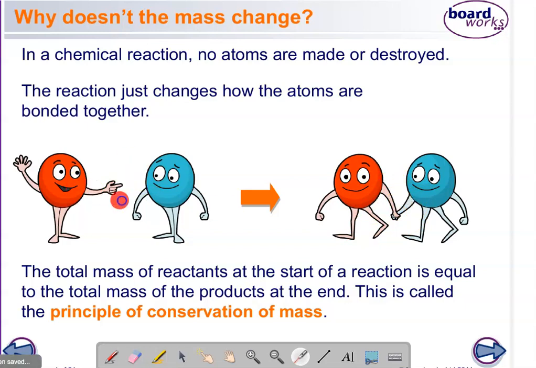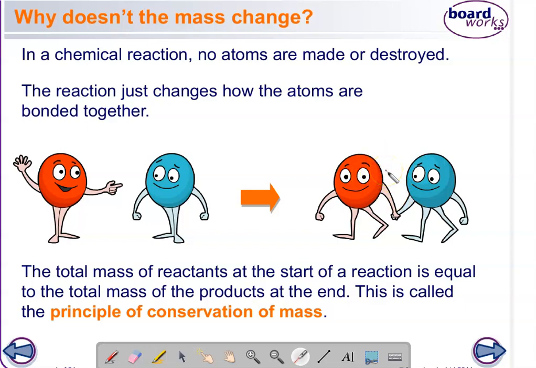Here, let's say they are talking together, they are free, they are not holding hands. In the product, they are holding hands. It's the same guys, but they are holding hands. The bonding has been changed in the product. So that's what happens in chemical reactions. We do not create new atoms, and we also do not destroy the old atoms.